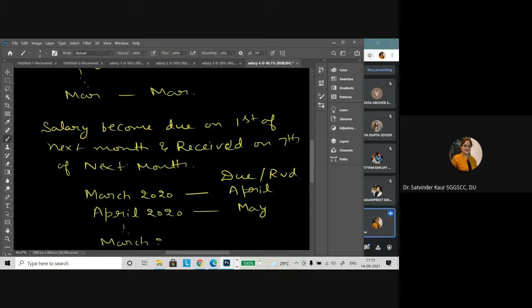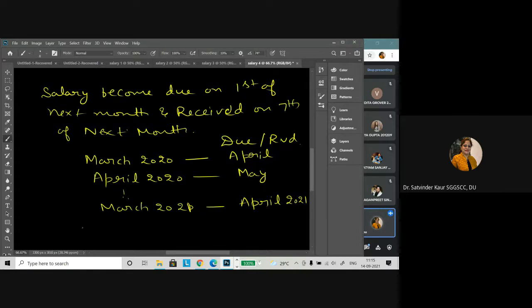मार्च 2020 की सैलरी जो ड्यू हो रही है वो हो रही है, मार्च 2021 की सैलरी ड्यू हो रही है अप्रैल 2021 में. So if we see our previous year, which we say that salary received in 2022, 31st of March 2021.